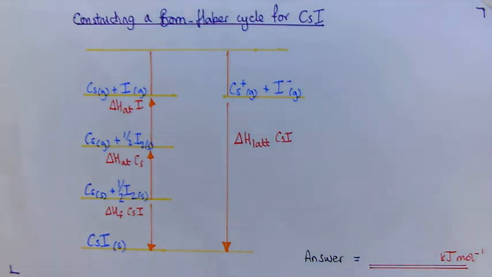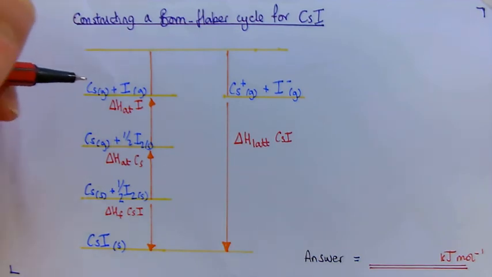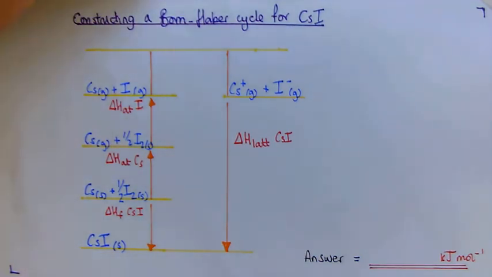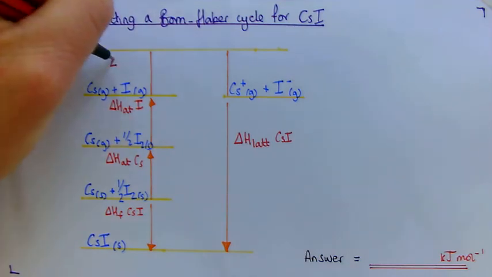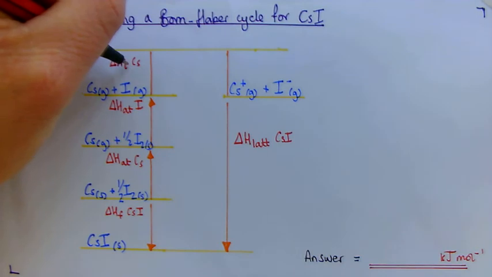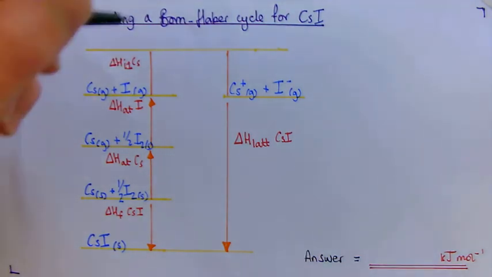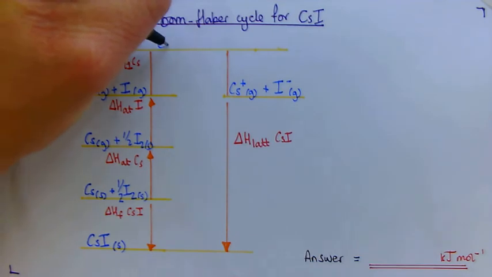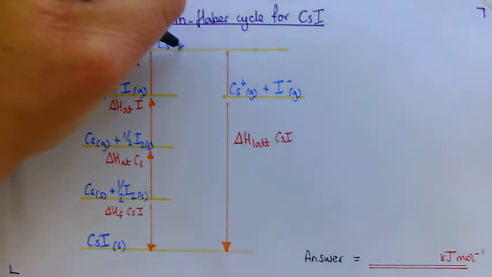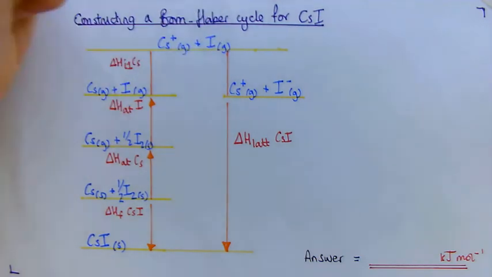Then what we need to do is get these species as ions. So the first one would be the delta H of ionization of cesium. Let's say I1, the first ionization of cesium. So at the top now we're going to have cesium plus gas plus I gas.